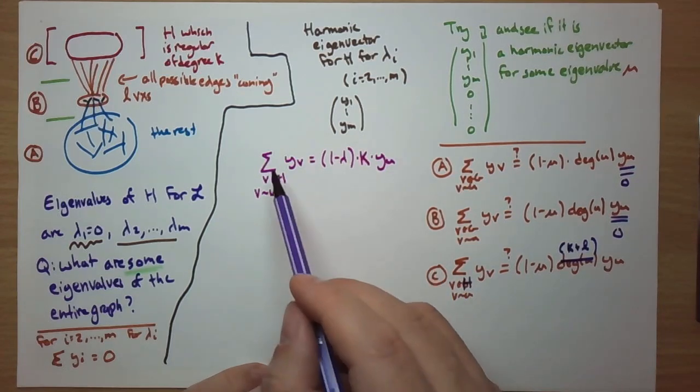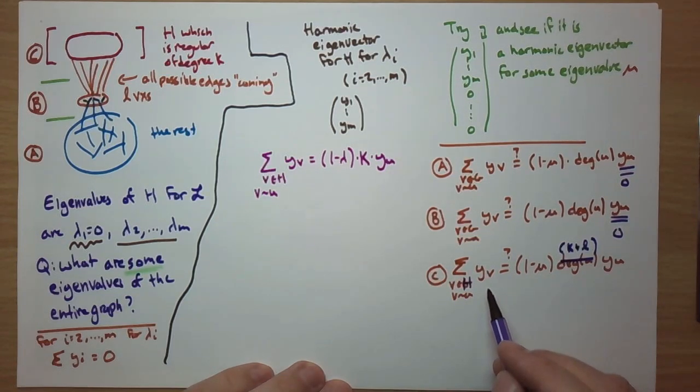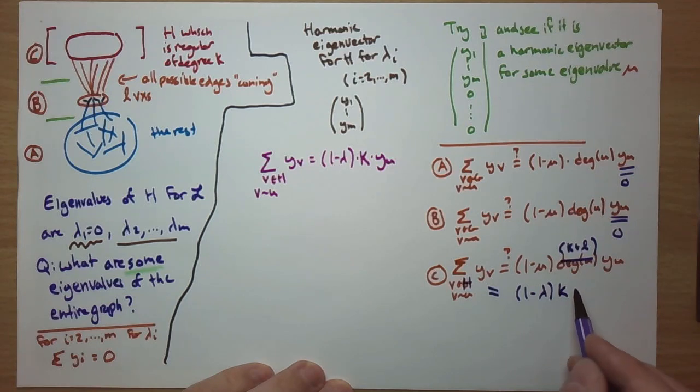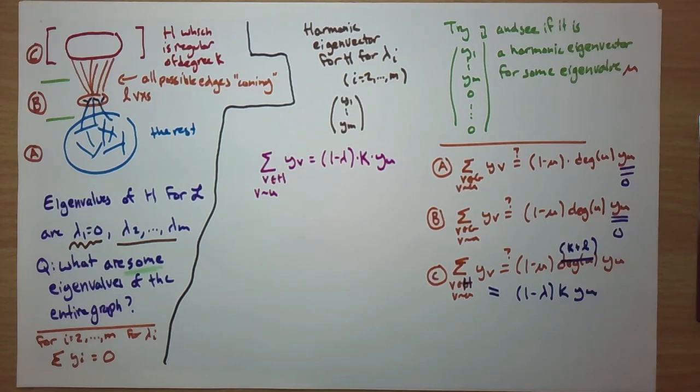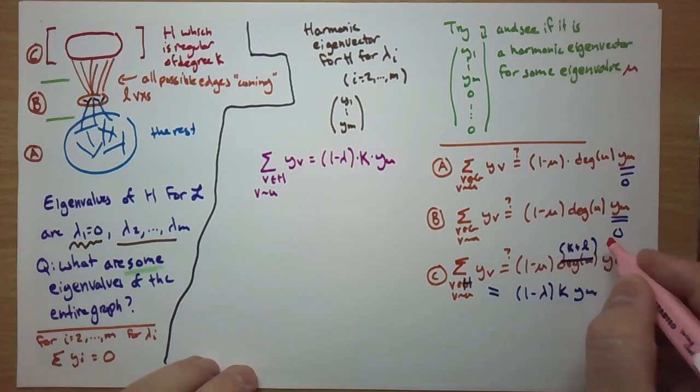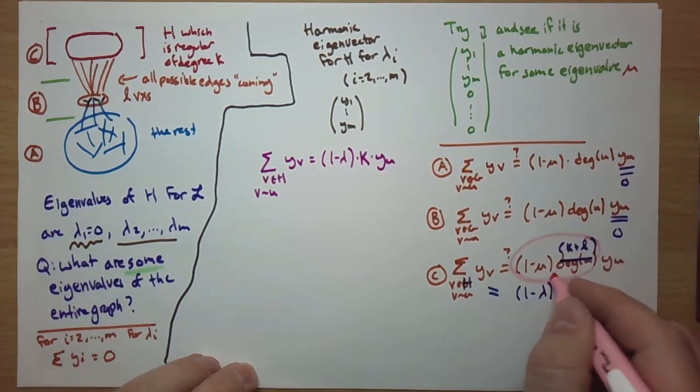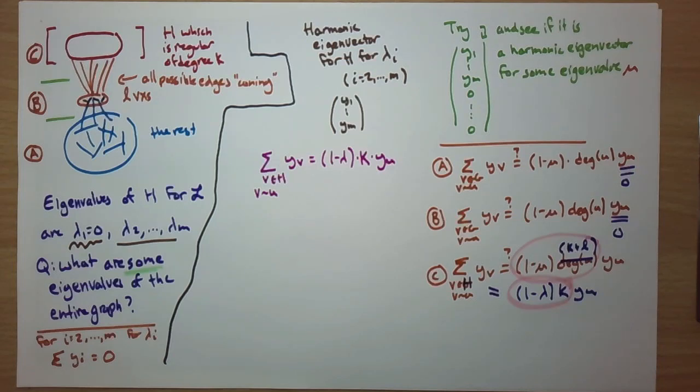Those seem to match. And they do. So this should also be equal to our 1 minus lambda times k times yu. And now we come to our moment and say, well, what needs to be true? What we need are that these pieces need to line up. They need to agree.